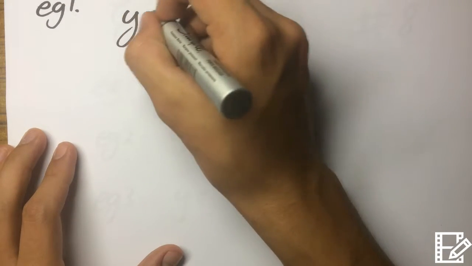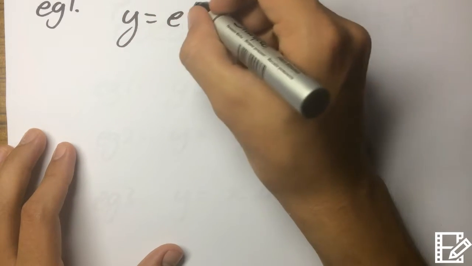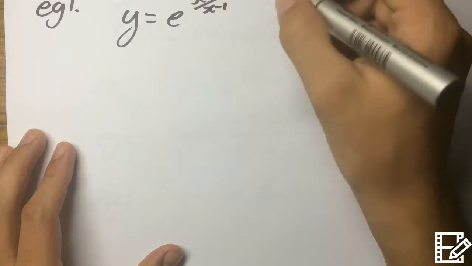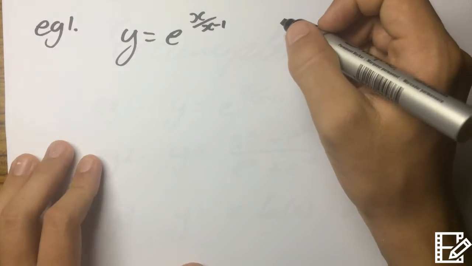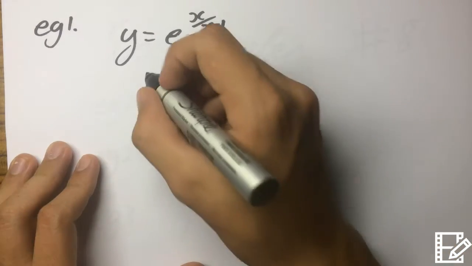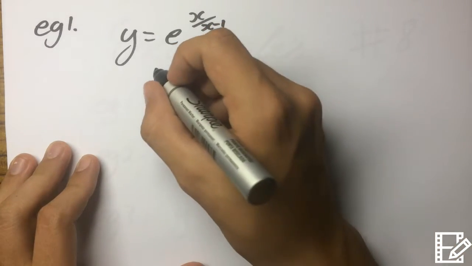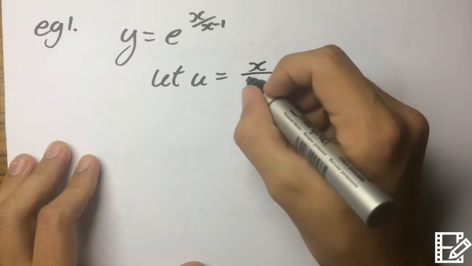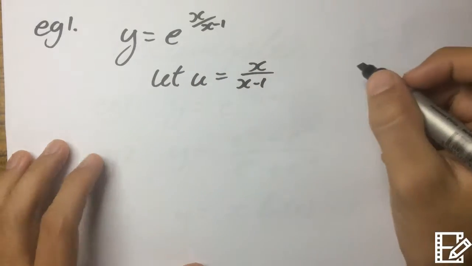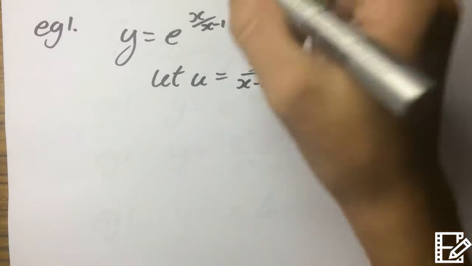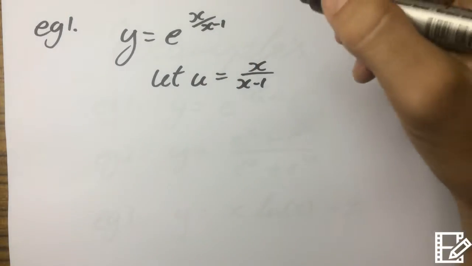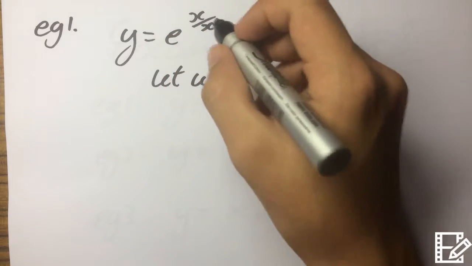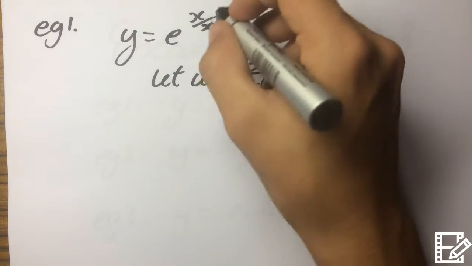So we have y equals e to the power of x over x take 1. What we're going to do is the chain rule, and we're going to let u equal x over x take 1, because doing the chain rule with this, it's not as easy just to say derivative of e to the whatever multiplied by the derivative of whatever.